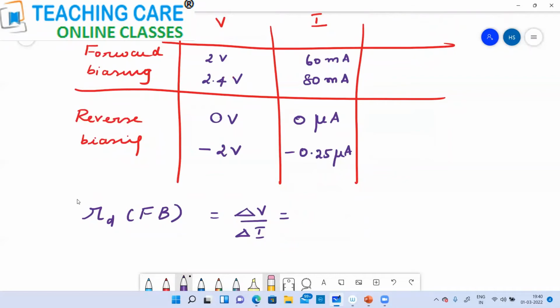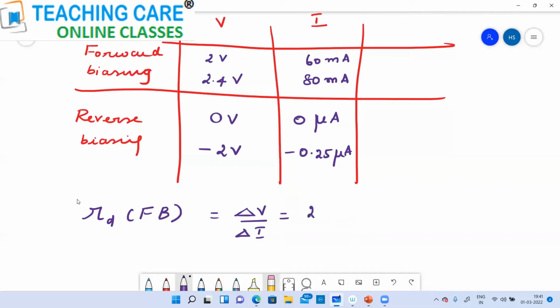Tell me the answer. Two into 10 raised to the power minus 8 ohm for forward.